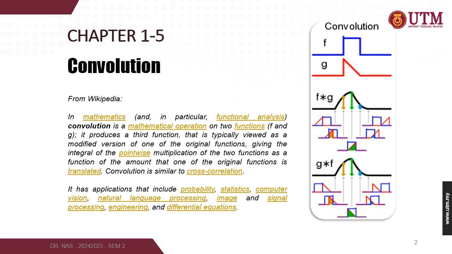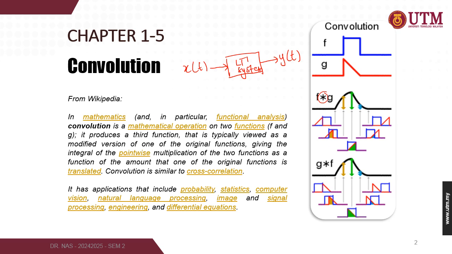Okay, convolution is basically a process that happens in an LTI system when you have two functions. Convolution is notated with the star symbol. When you have an input signal, for example x(t), going into an LTI system, a linear time invariant system, you get the output y(t).